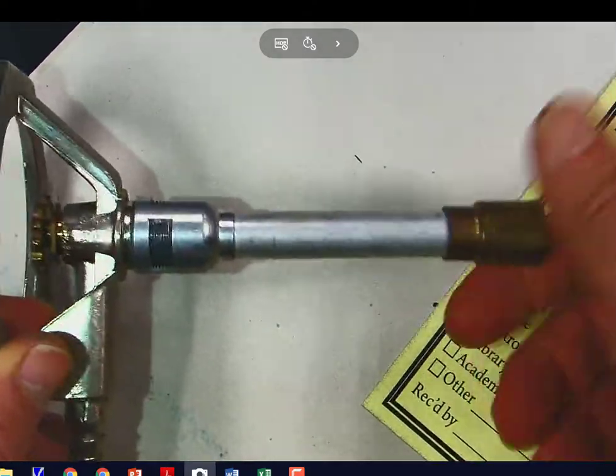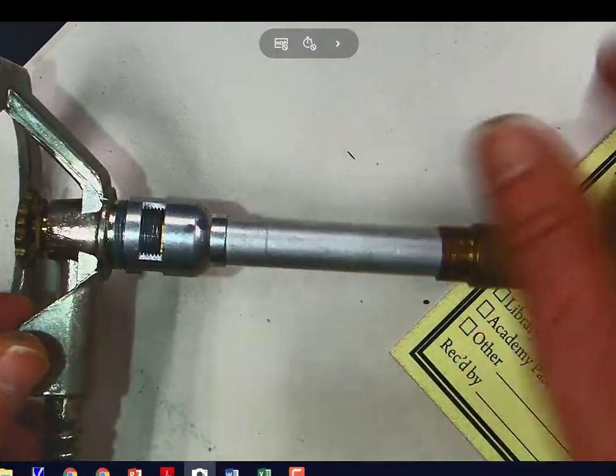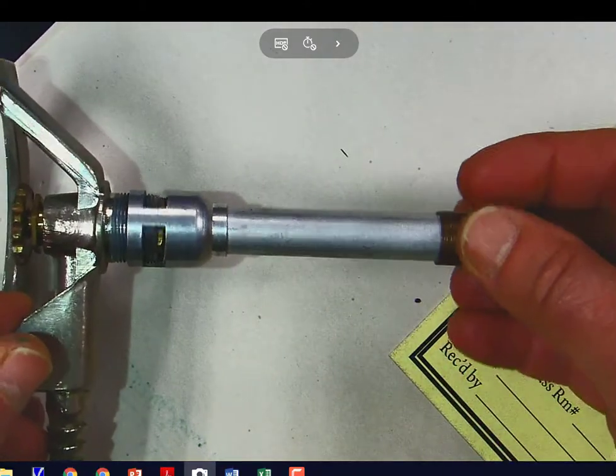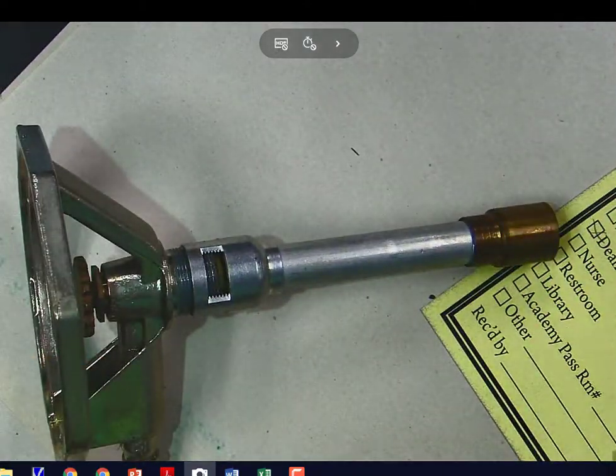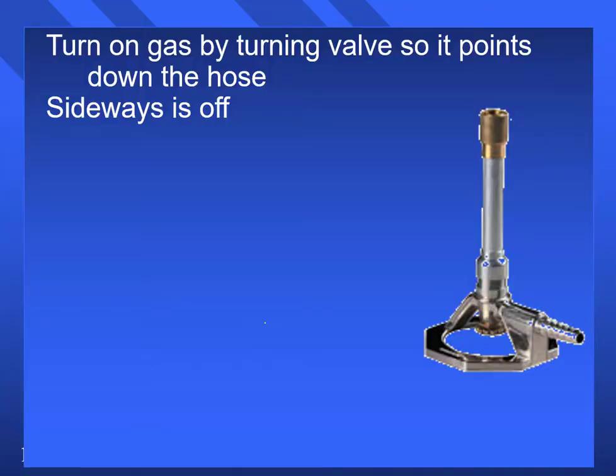But if I open it up, air can start getting in. So I want to adjust the air. I adjust the air by turning the whole top. As I turn that whole top, you'll notice the yellow goes away and you get blue. Can you hear the sound change? Can you hear the air coming in? It's still not adjusted right.